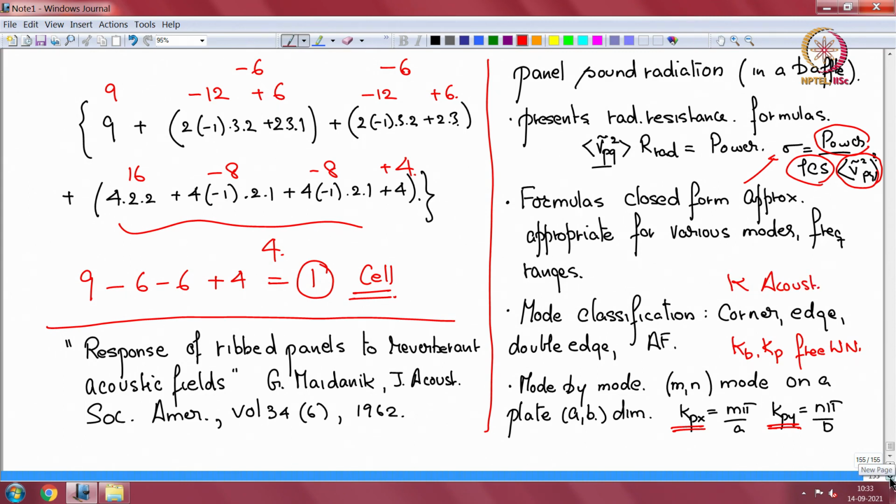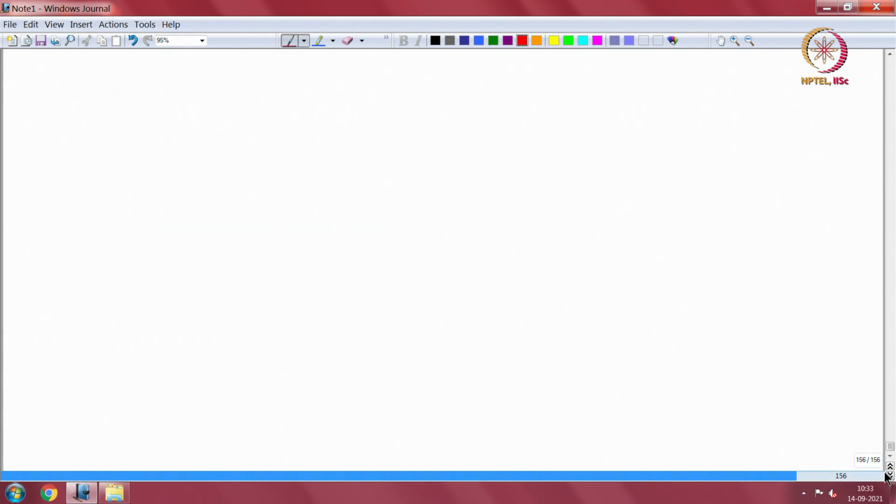Okay. So for every mode, modal radiation resistance is presented from low frequency to just beyond the modal coincidence.